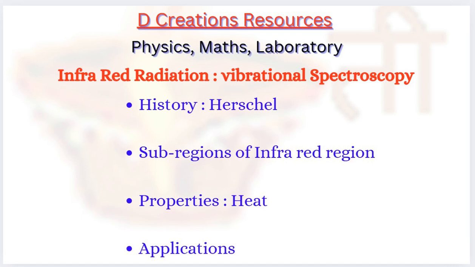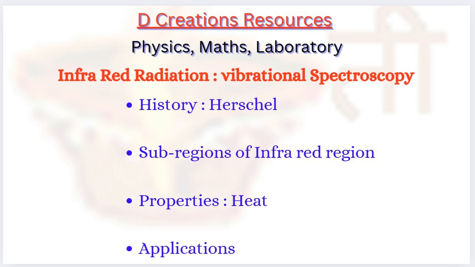In terms of wavelength, infrared radiation covers around 1 to 1000 micrometer. Please understand that 1 micrometer is 10 raised to minus 6 meter. In terms of frequencies, this would be 10 raised to 11 to 10 raised to 14 hertz. And in terms of wave number, it will be 10,000 to 10 centimeter inverse.